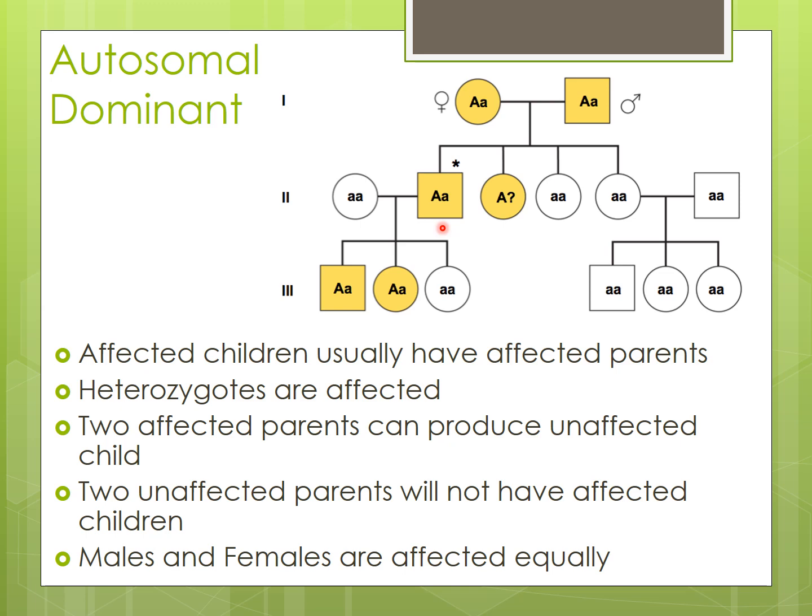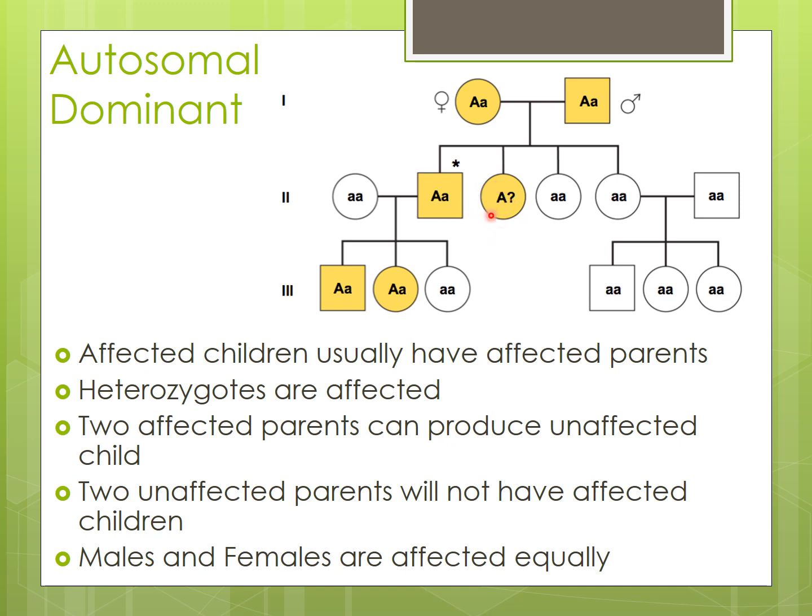So all heterozygotes within this family or this pedigree are affected, or anybody carrying this dominant allele would be affected. If we look at the parents of this individual, these parents were both heterozygous in this case. They were able to have the one child heterozygous, carrying the one dominant trait and one recessive. There was also one affected individual here.